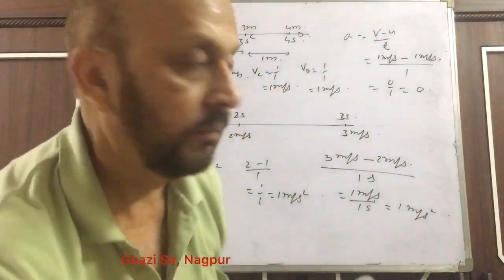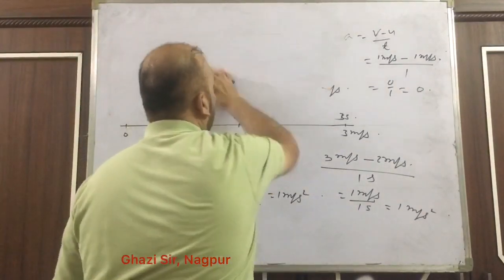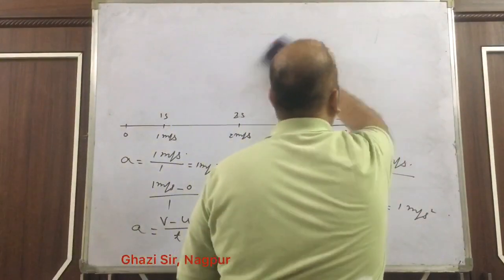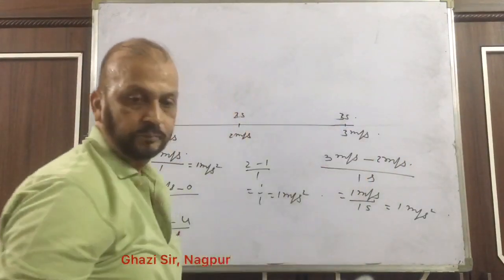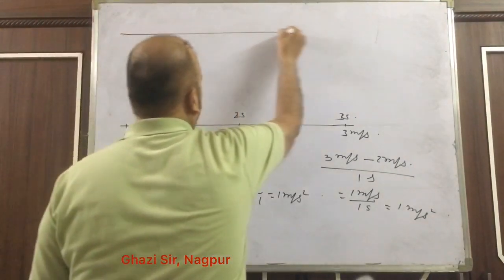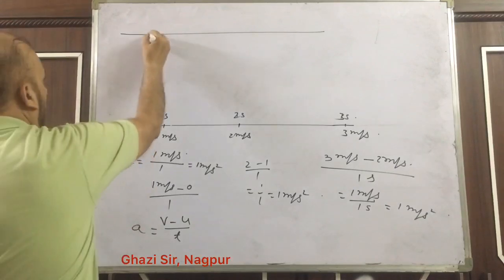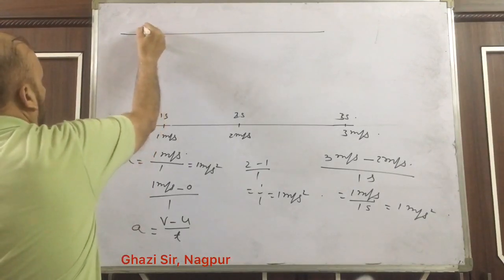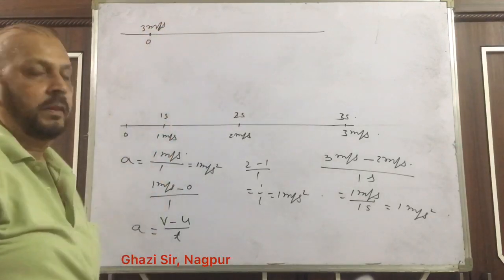For example, suppose object is moving like this, at a certain instant, suppose it was here, and velocity was say 3 meter per second at 0 time.